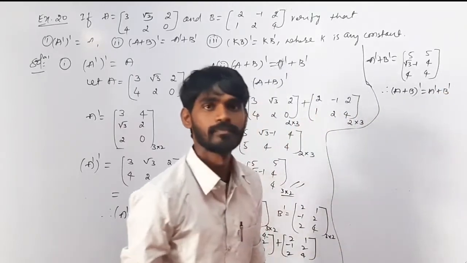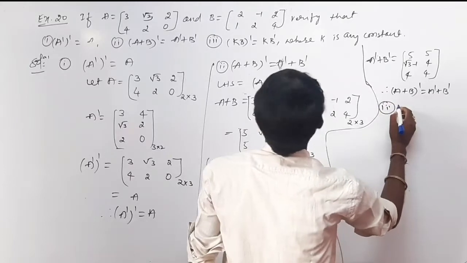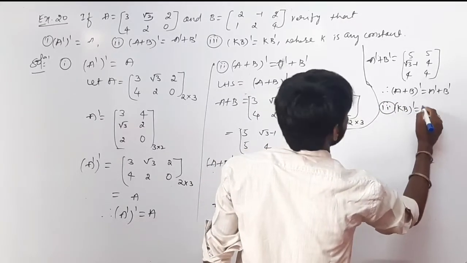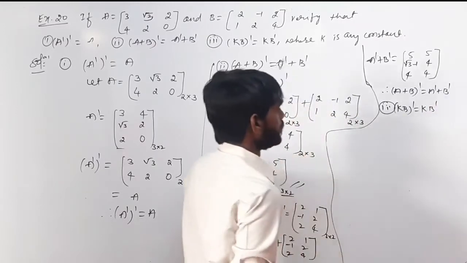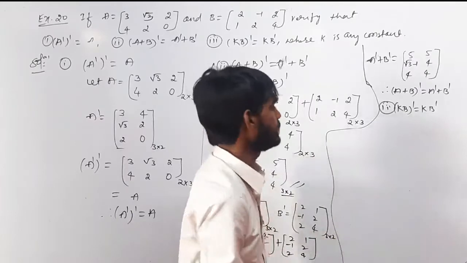Okay, next the third one, that is k into B whole dash is equal to k B dash. So we can just multiply k with the B matrix.